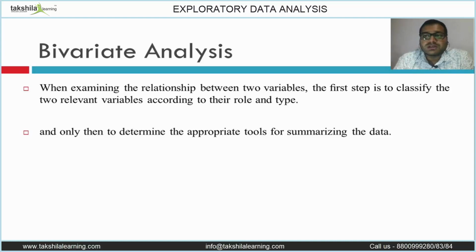If we have categories, we will try to see how those are related or how these two categories are distributed. Then the next step is to determine the appropriate tools for summarizing the data. Once you get the data type and the variable role, we will try to get some kind of summarization over the data.